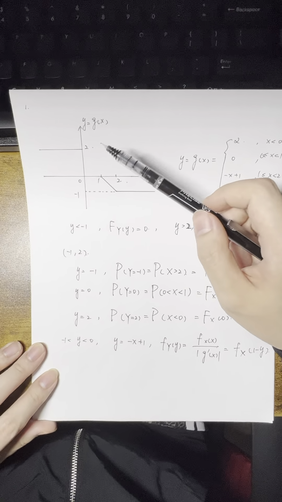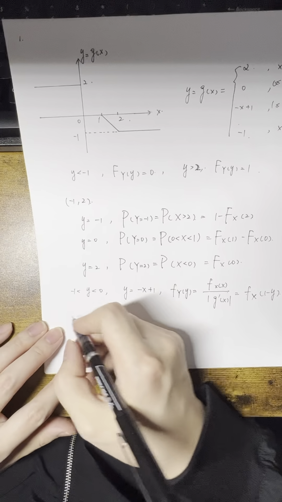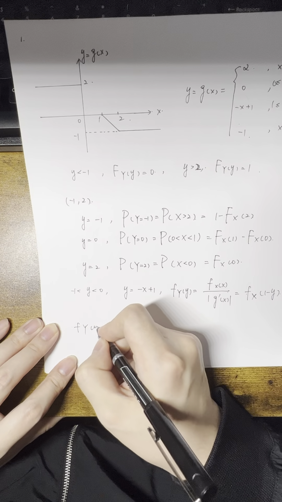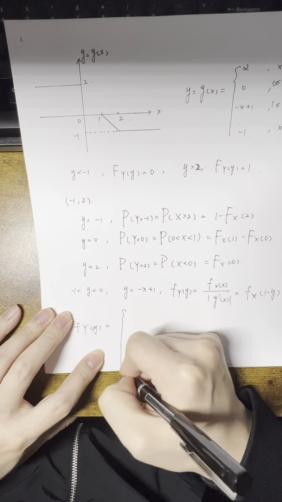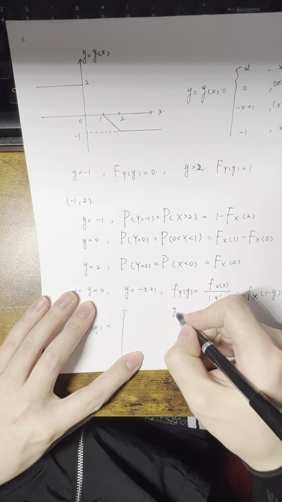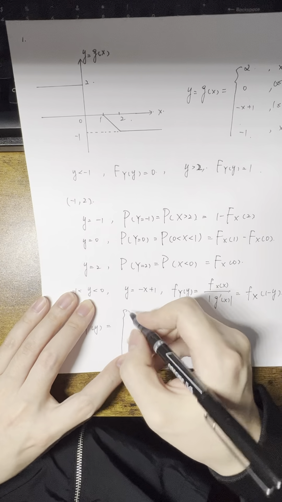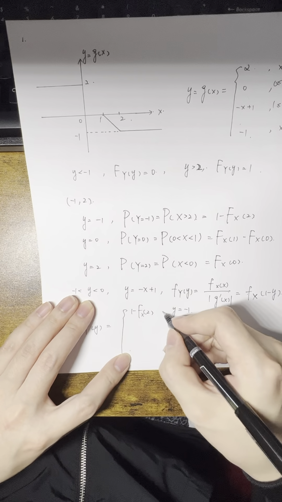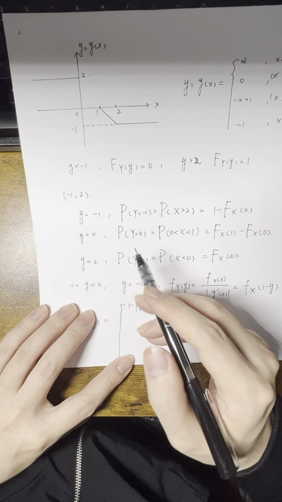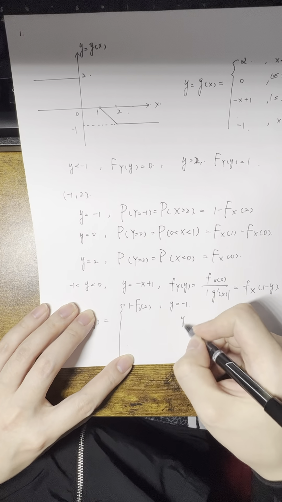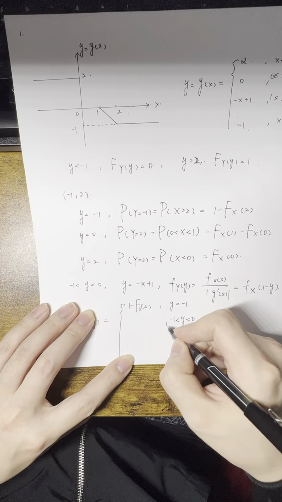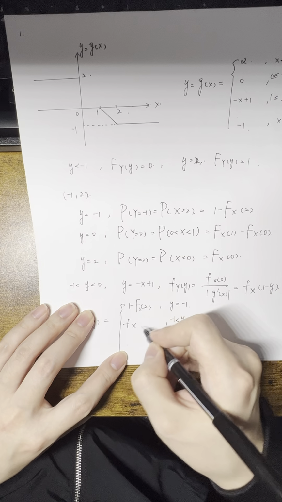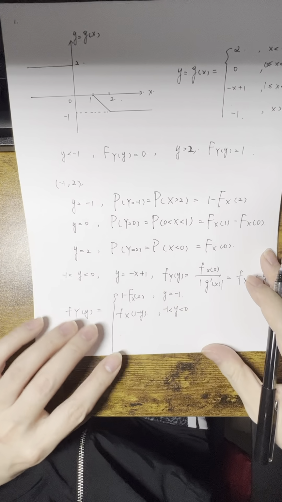It's an impulse. So as a summary, the density function is equal to: when Y equals minus 1, its value is 1 minus F_X(2). When Y is between minus 1 and 0, its value is f_X(1 minus y).